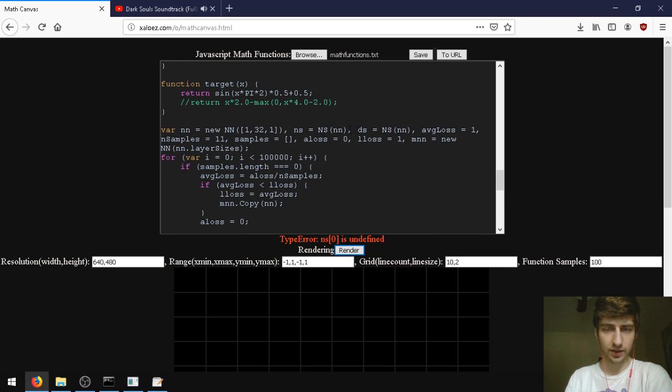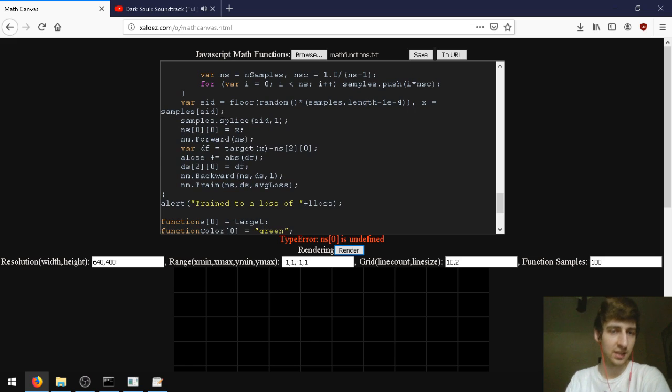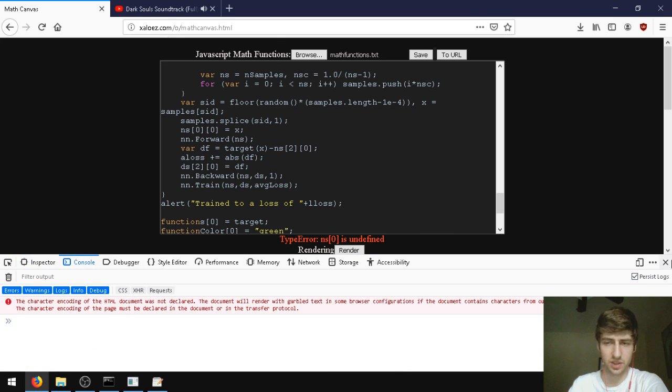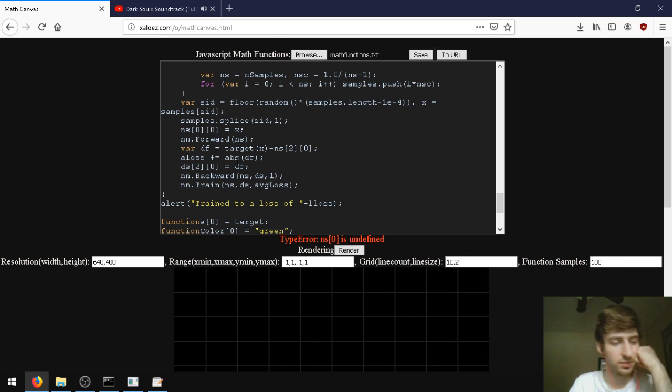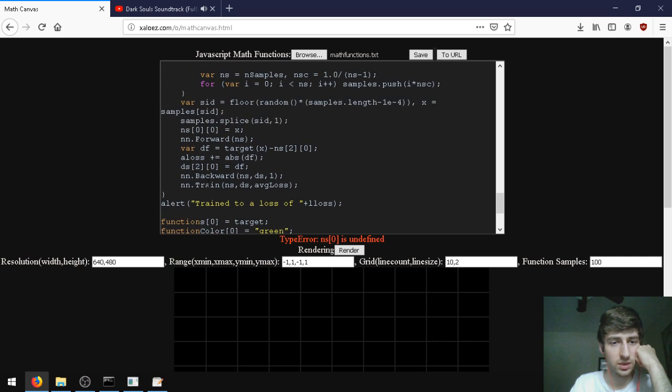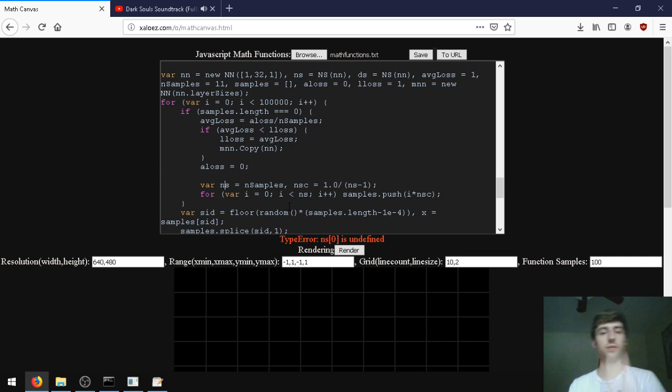NS0 is undefined. What? It shouldn't be. Oh, I'm overwriting it right here. And I froze it again. God damn it. What is even happening?